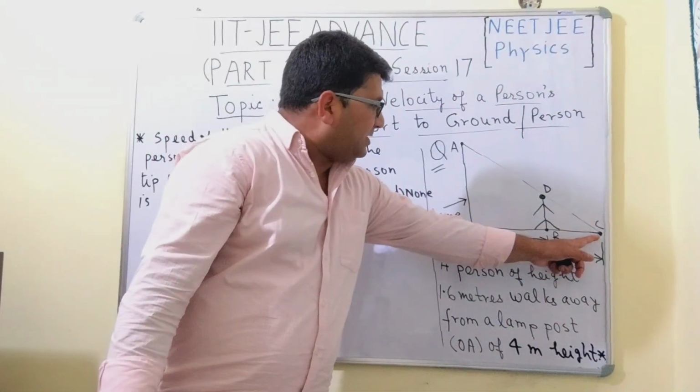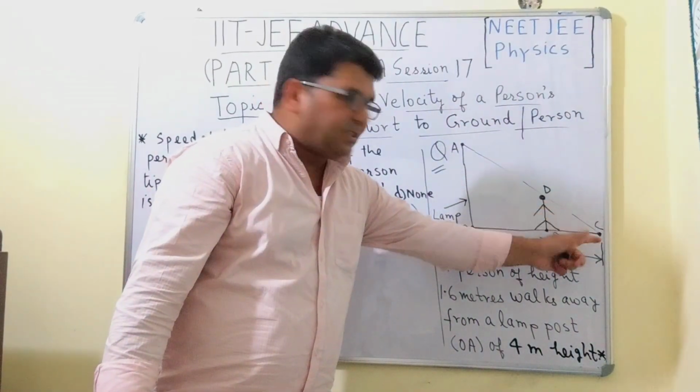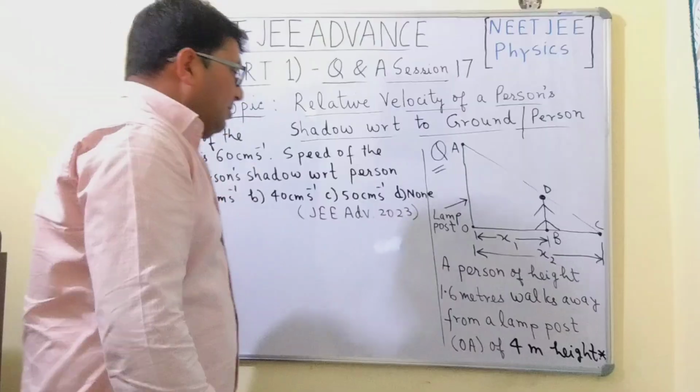This is the point C where the shadow of the tip of this person is forming at any moment of time.